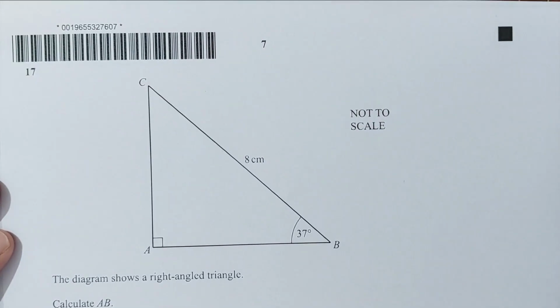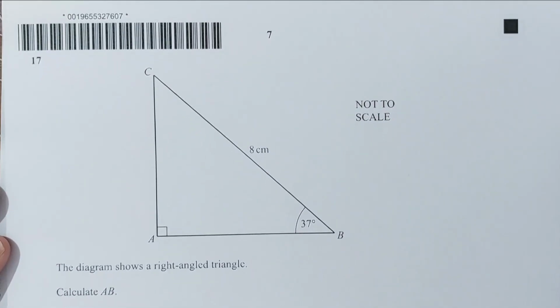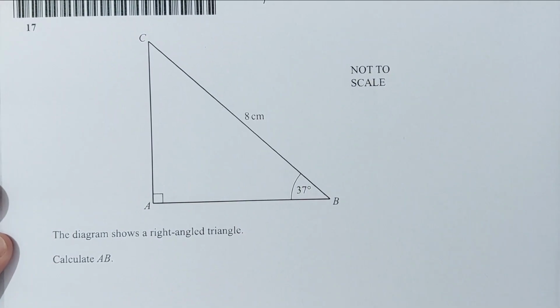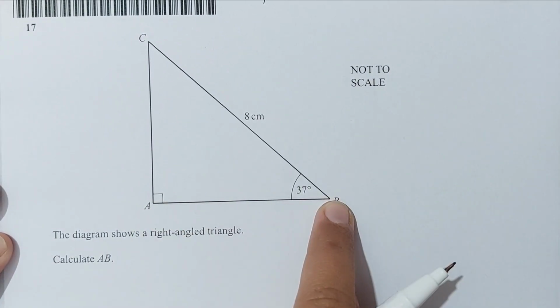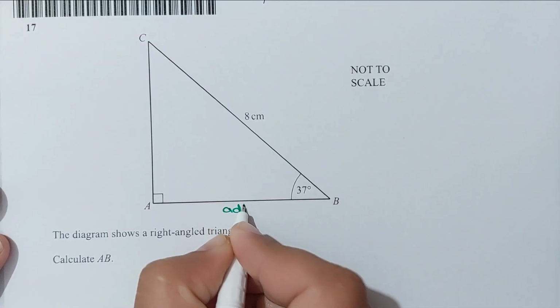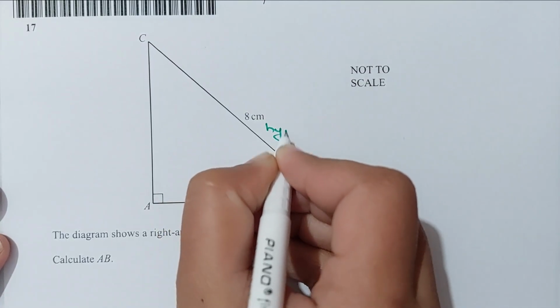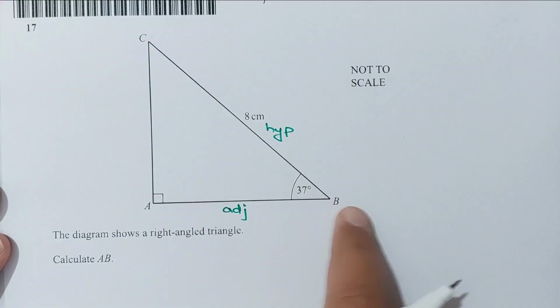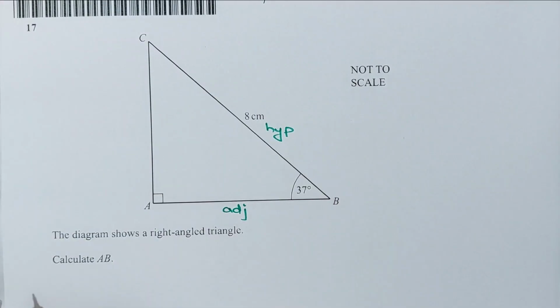Question number 17. The diagram shows a right angle triangle. Calculate AB. Okay, so this angle we have given. This is the adjacent side of the angle and this is the hypotenuse. The opposite we are not solving, we're solving for the adjacent. So use a ratio of cos of angle 37 degrees equals adjacent, which is AB, over the hypotenuse, which is 8.